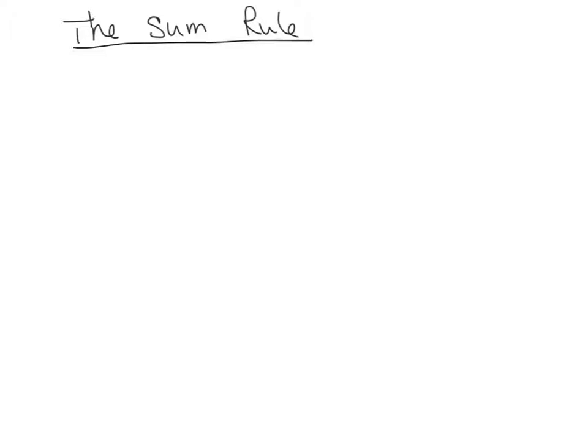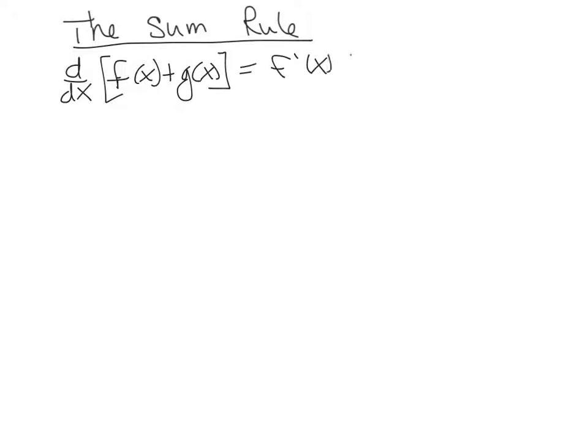The sum rule says that the derivative of f of x plus g of x is equal to the derivative of f of x plus the derivative of g of x. So here we go. Let's write down our limit definition for this thing.